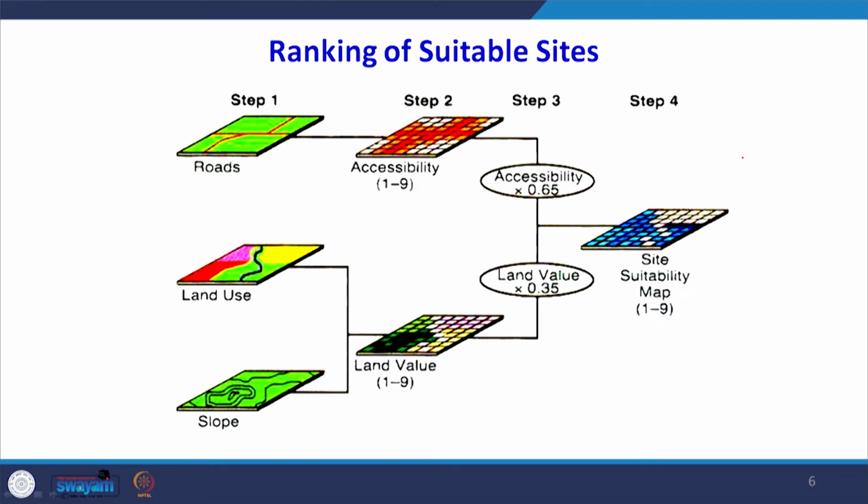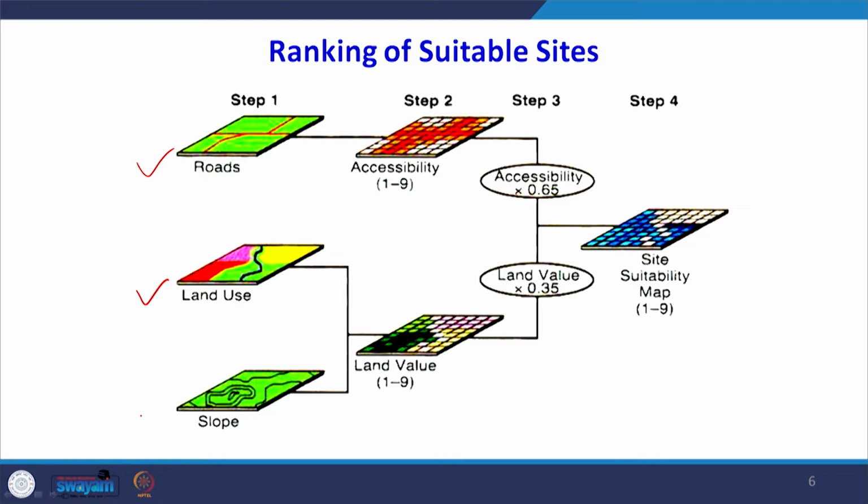This is another example of site suitability analysis. Suppose we want to carry out some construction activity in a particular area. We want a road map because we have to see the accessibility; the site should be accessible from the road. We have a land use map which you can create from satellite data.